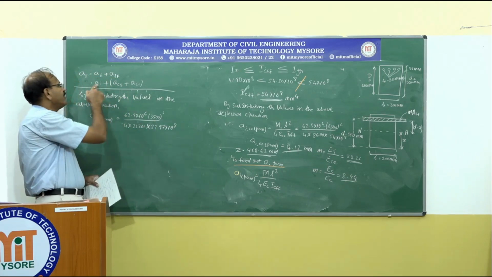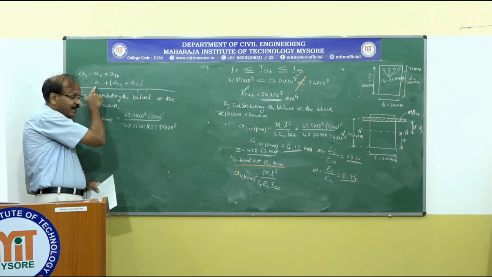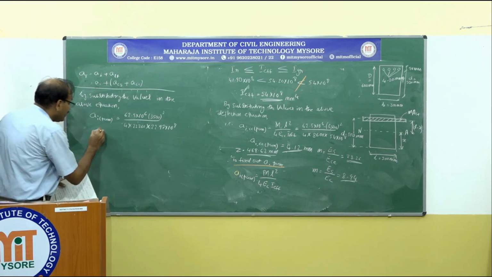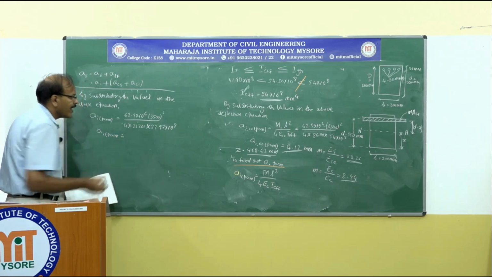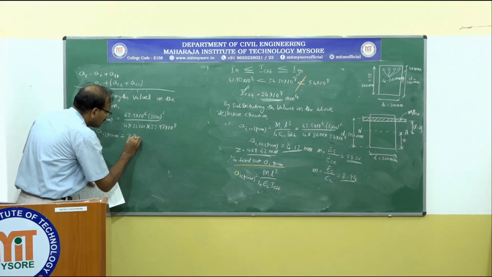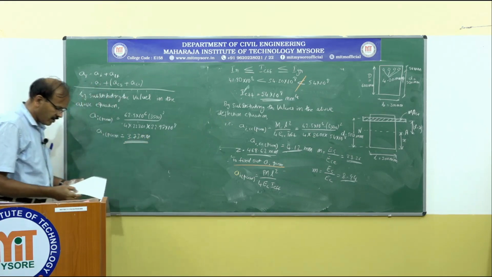If you go back and refer to this step to find out what is AI, you are going to get this value. So, AI permanent equal to 3.73 millimeter. Okay.